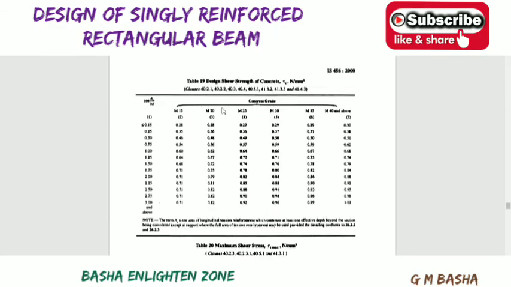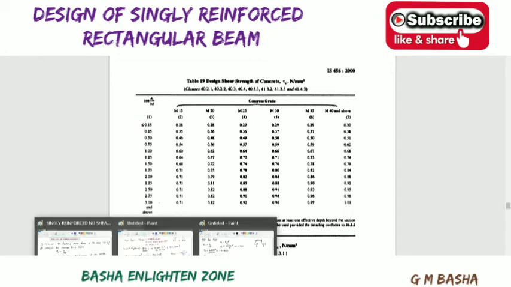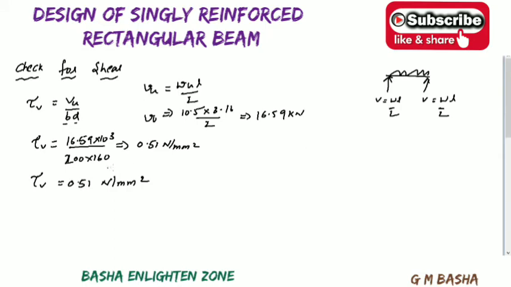See here, this is table number 19 in IS 456. If you observe very clearly, the percentage of steel will be equal to 100 AST by BD, and we can check the conditions for M20 grade concrete.